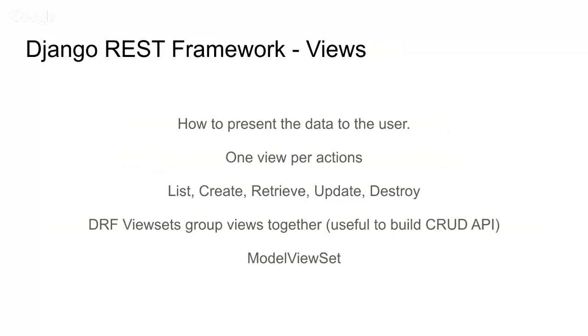All those are views that the Django REST framework provides you. And something very useful in DRF is the view set. A view set is a group of views, and when you want to build a CRUD API, you can use a view set that will group all the operations that you need to create, read, update, and delete data. By default, the model view set, which is what we will be using, gives you CRUD out of the box.